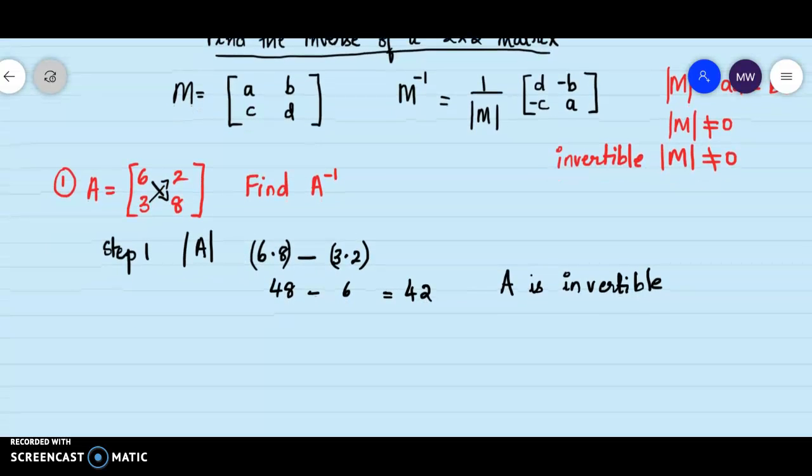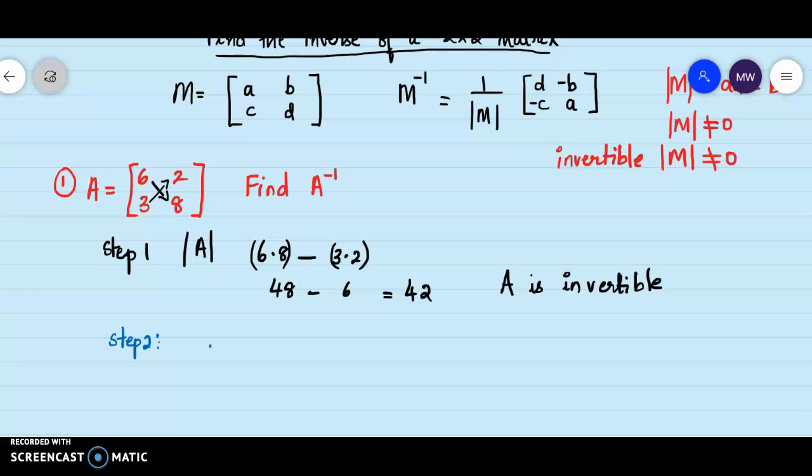The second step is to write it out like this, a product of a fraction and the new 2 by 2 matrix that we need.